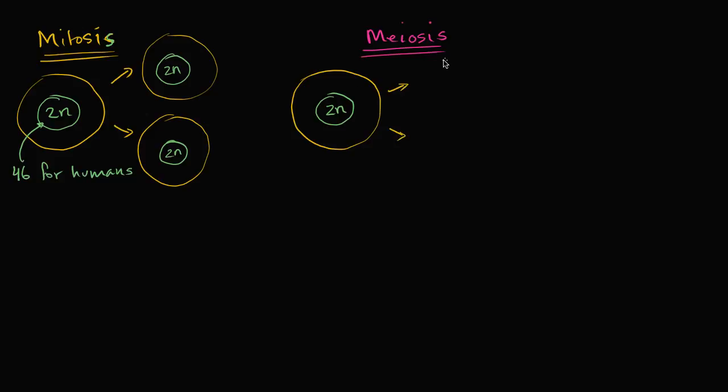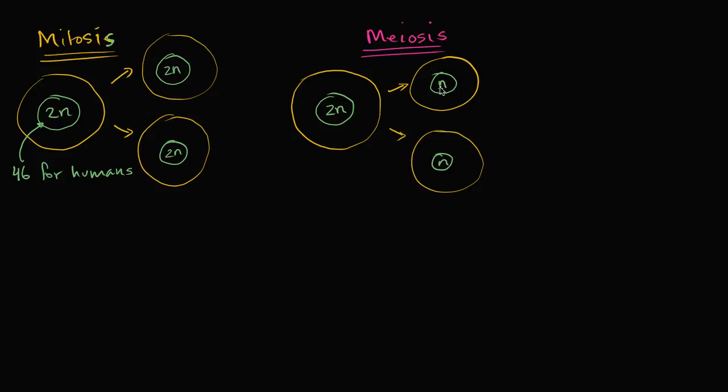So you end up with two cells that each have a haploid number of chromosomes. So you have n and you have n. If we're talking about human beings, you have 46 chromosomes here, and now you have 23 chromosomes in this nucleus, and now you have 23 in this nucleus, but you're still not done.